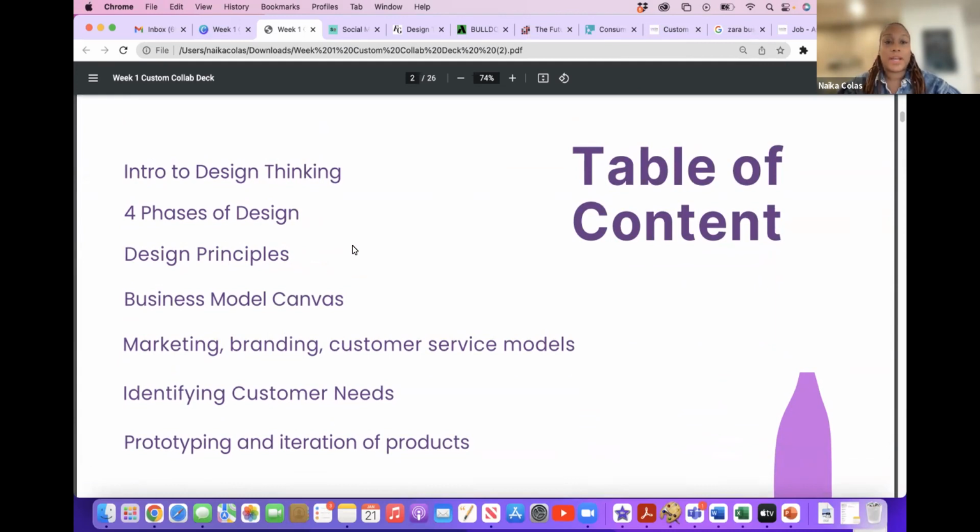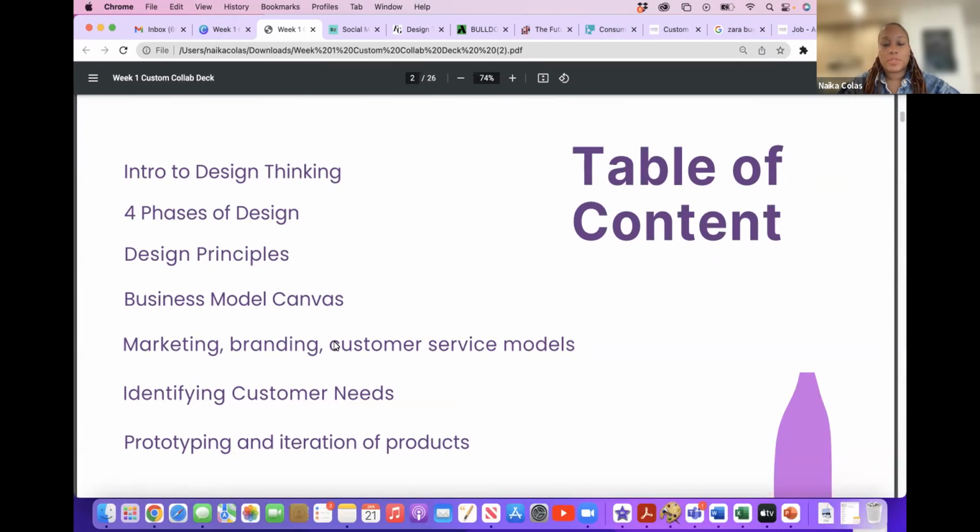And how can fashion designers actually use that in fashion design outside of UX design? And then the 4 phases of design thinking, which would help you as a fashion designer create a strategy or a plan. So regardless of if you're a fashion designer currently, or if you plan to go into that space fully and start your business, this would be great.